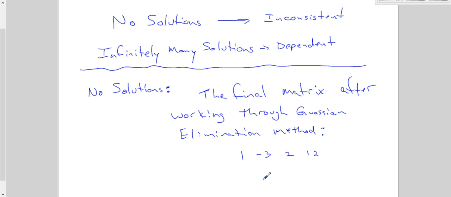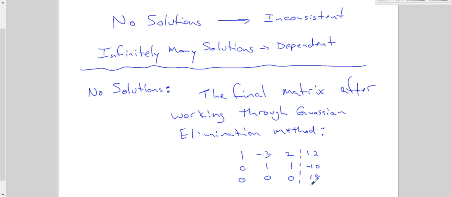It's not exactly what you're going to end up with every time, but you're going to end up with something similar to this, where you're looking at a row where all the variable coefficients are zeros.